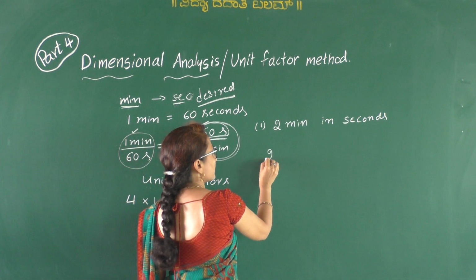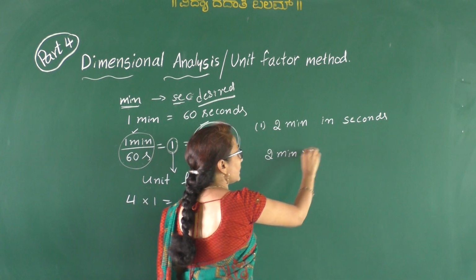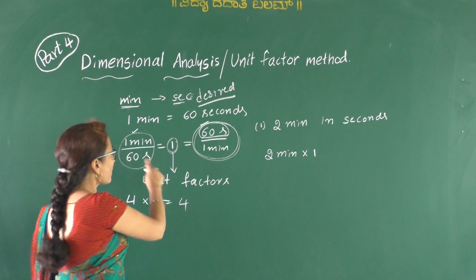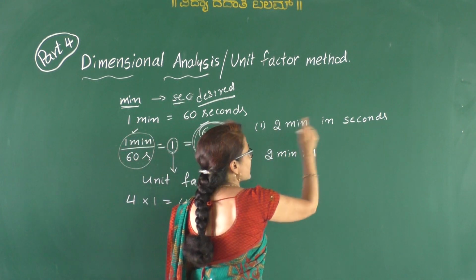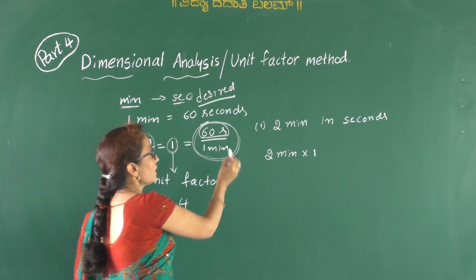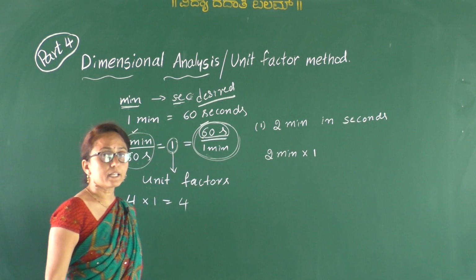We take the given value, that is 2 minutes, and multiply it by the unit factor. Among these two, which one do we select? We have to convert from minute to second, so second must be in the numerator and minutes in the denominator.